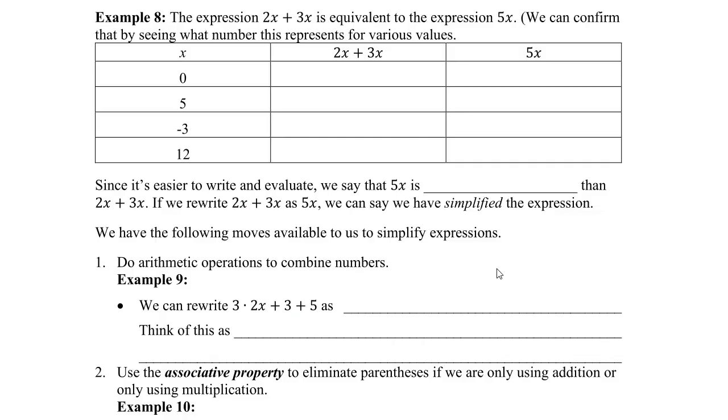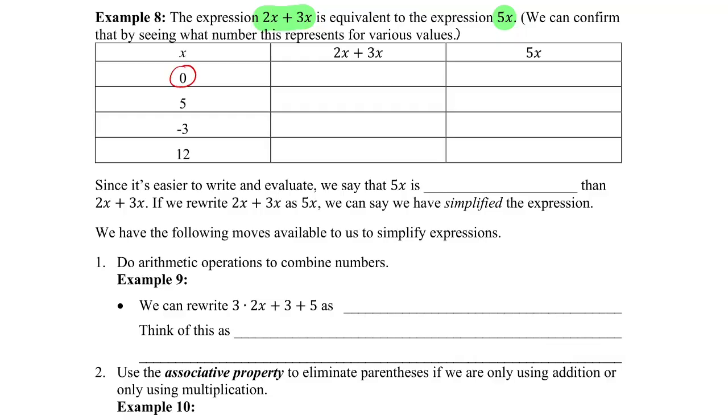So just to spend some time thinking about what it means to simplify an expression, I claim that the expressions 2x plus 3x and 5x are equivalent. And we're going to confirm that by seeing what number these expressions represent for various values of x.